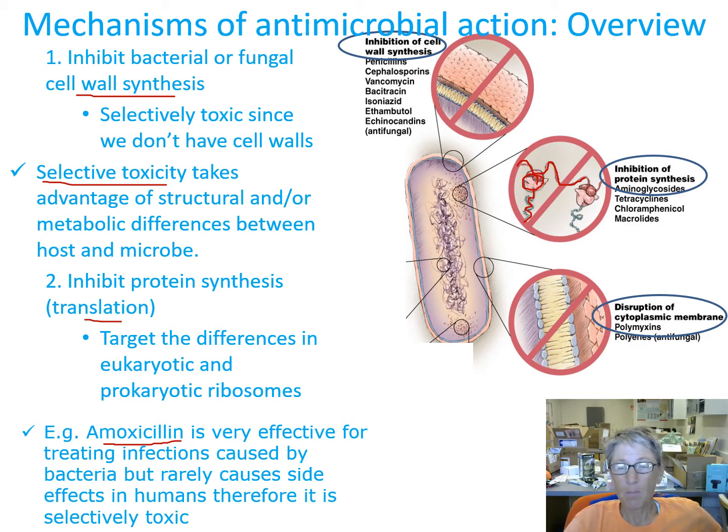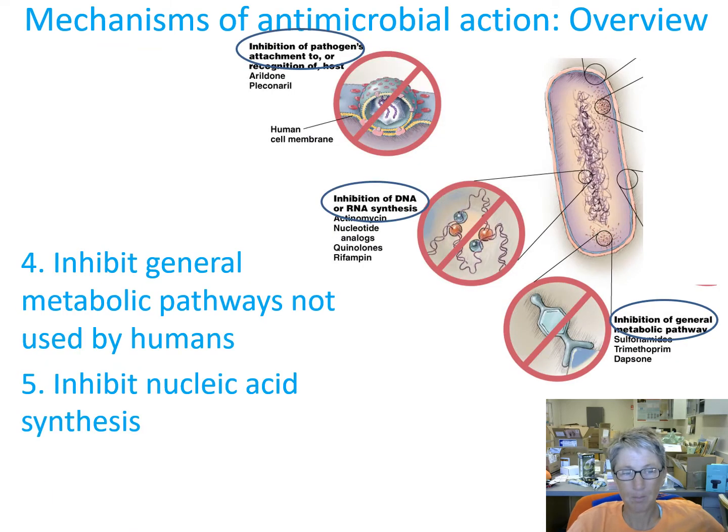Eukaryotic and prokaryotic ribosomes, this thing right here that I'm circling, are different. So if you target the prokaryotic ribosomes, you, by definition, should not destroy our own eukaryotic ribosomes.